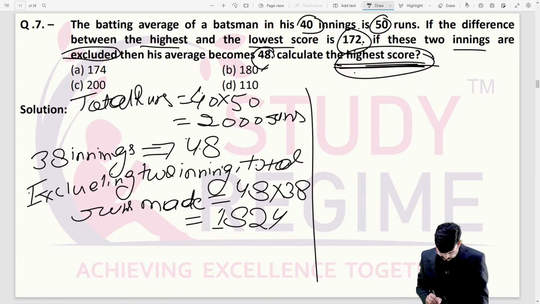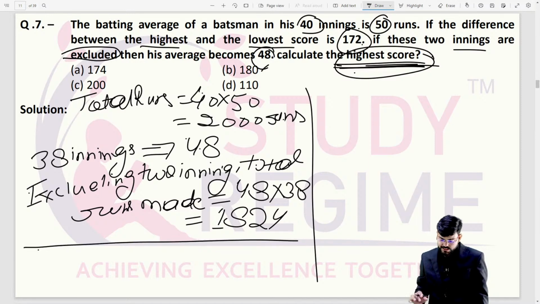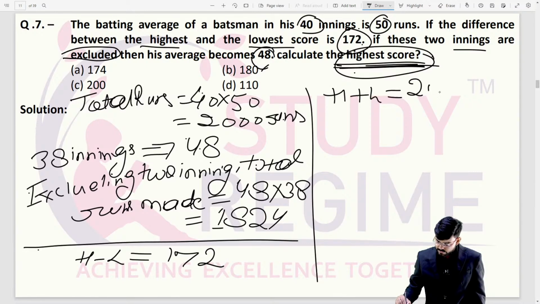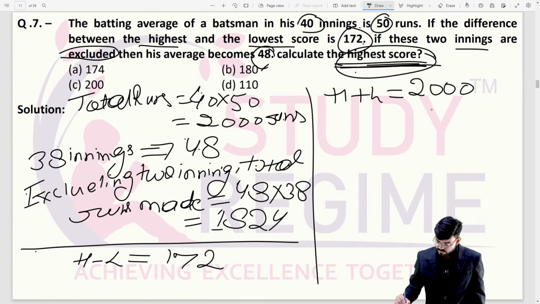Now let's see. In the question it is given that the difference between the highest and the lowest, highest minus lowest, is 172. Now if I want to find the sum of the highest and lowest innings, I have to subtract 1824 from 2000.